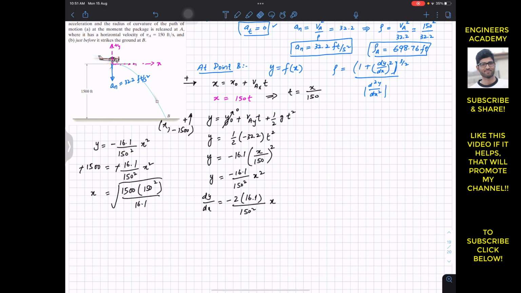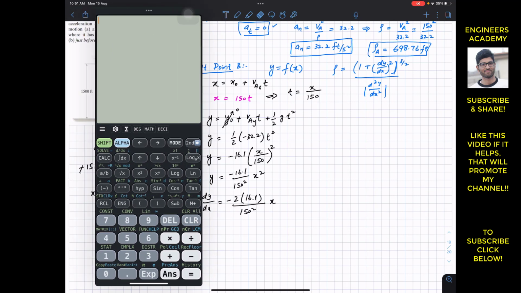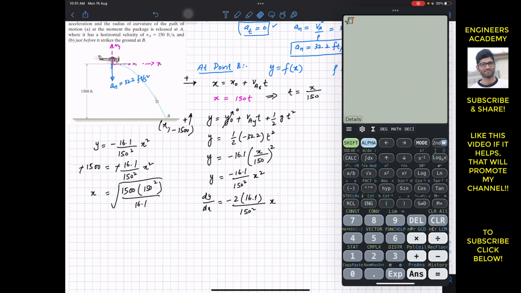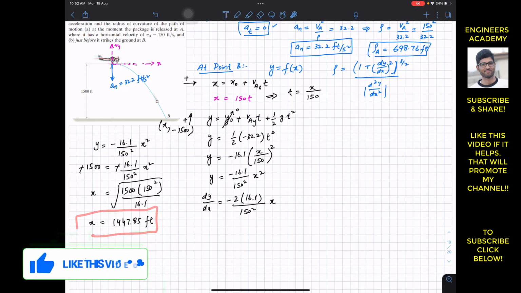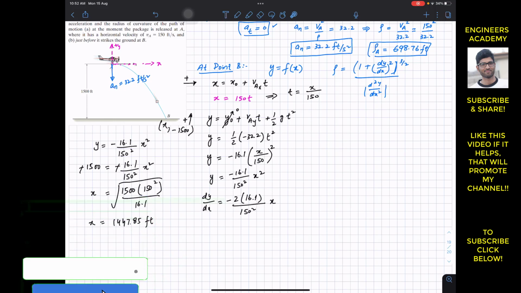So the x coordinate is the square root, gives us 1447.85 feet. So now we know that when the package is at point B, it has traveled a distance of 1447.85 from its original position in the horizontal direction. So the x coordinate is 1447.85 feet.